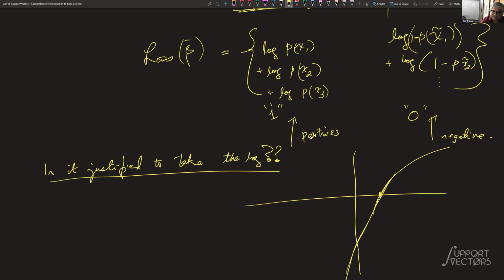Obviously I'm not drawing it correctly, but notice that it's a monotonically increasing function. As x increases, it also increases. So taking the log is okay, because it is not a weird function. If probability is high, log of probability will also be higher, isn't it? When you're comparing two probabilities, instead of comparing them, you can compare the logs.